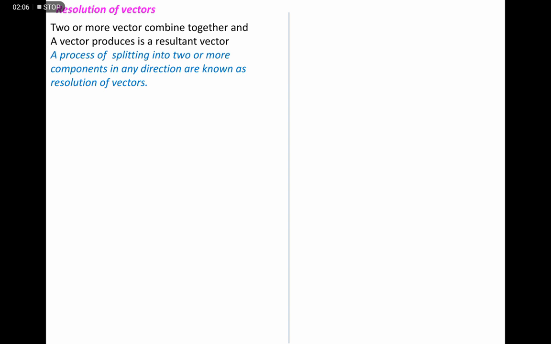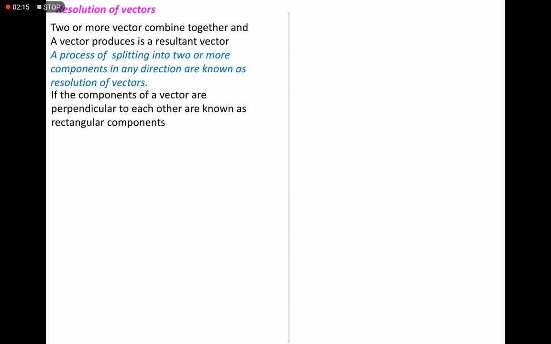If the components of the vector are perpendicular to each other, then the components are known as rectangular components.